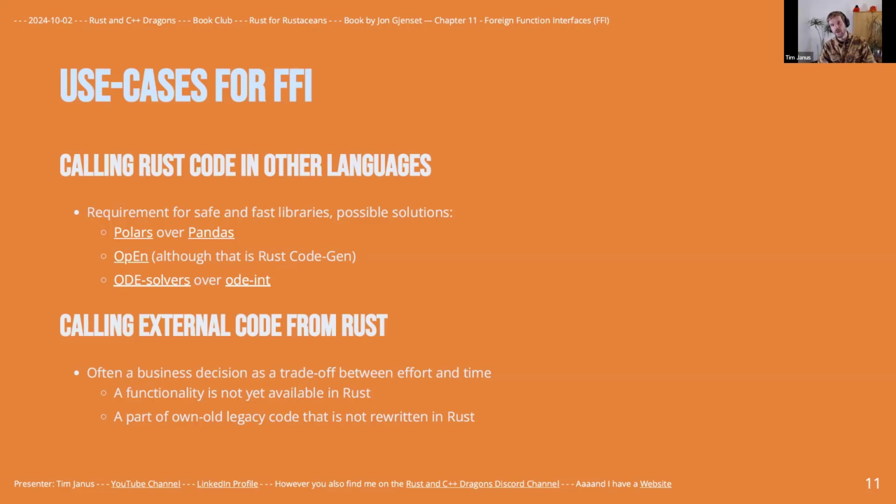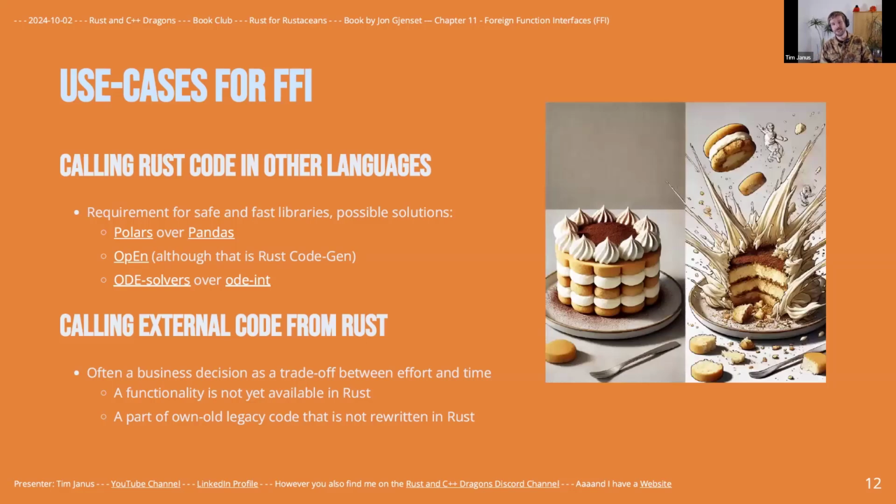So it's good to have these bindings. For me, nonetheless, the first case feels like a very nice cake, and in the second case, when I have to do this, I feel a bit troubled. So the cake might explode because we have to define these boundaries, and that's mostly done by unsafe code. So we really have to be cautious about what we do there.